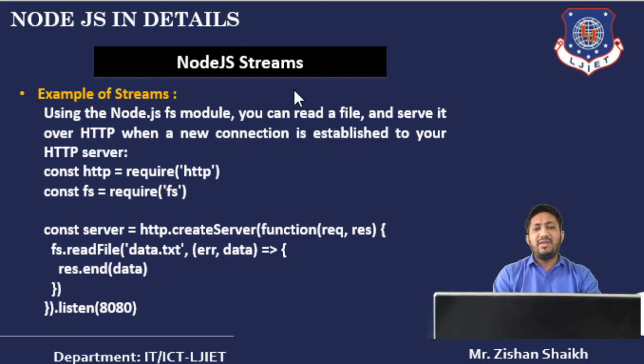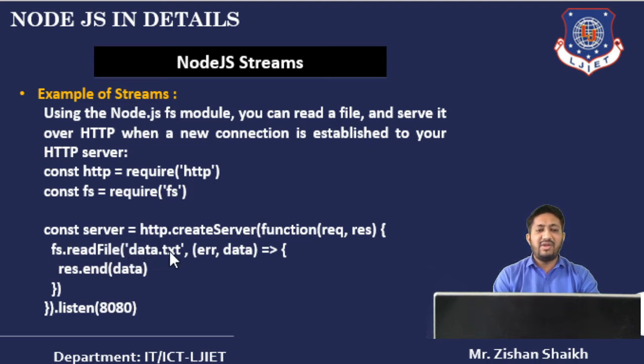In simple terms, let's see what happens when we read a file from memory. First, we import the HTTP module, since we are creating a web server. Then I import the fs module, the file system module. Now we create the server using createServer, and to read the data we use the readFile method.